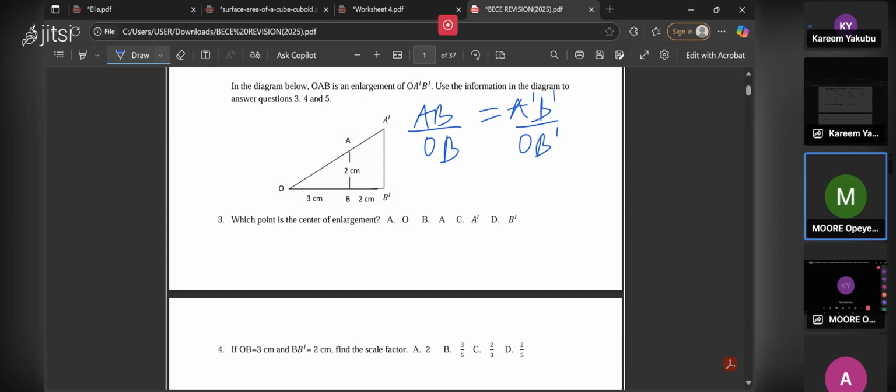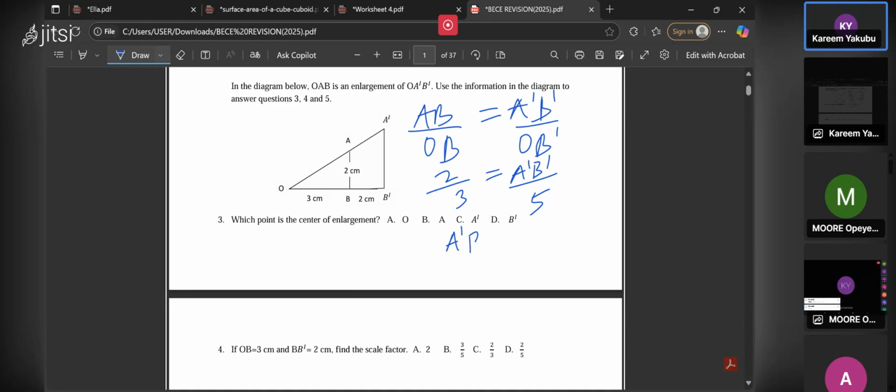So AB is 2, while OB is 3, equals A prime B prime, which is what we are looking for, divided by OB prime. That is 3 plus 2, that gives 5. So we have 3 times A prime B prime equals 10.